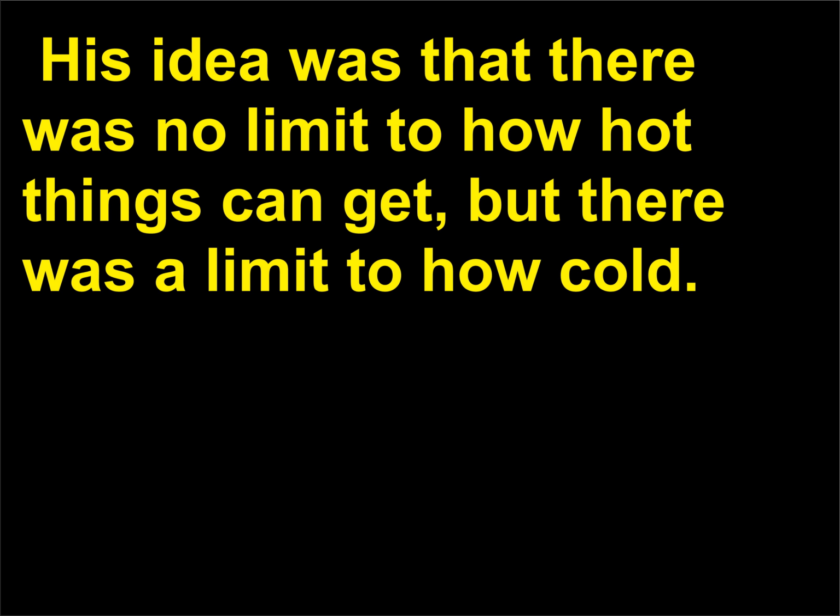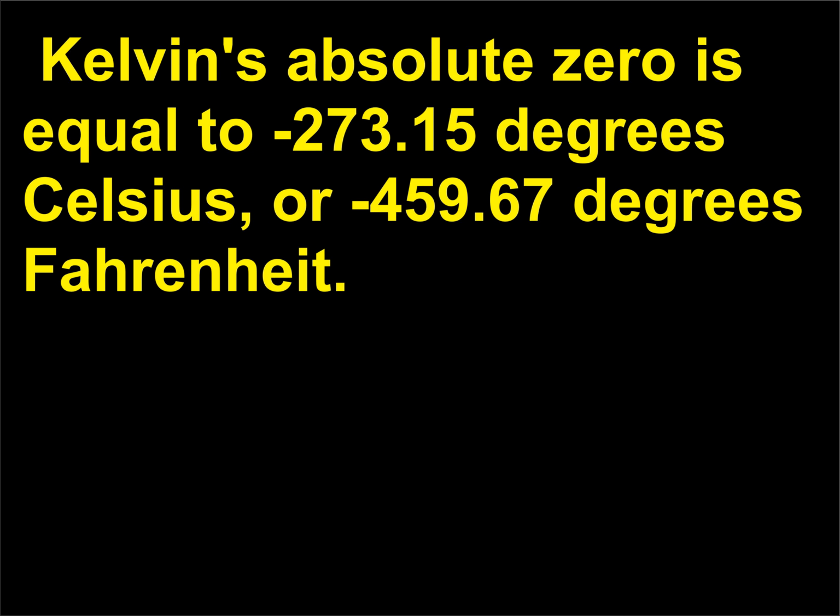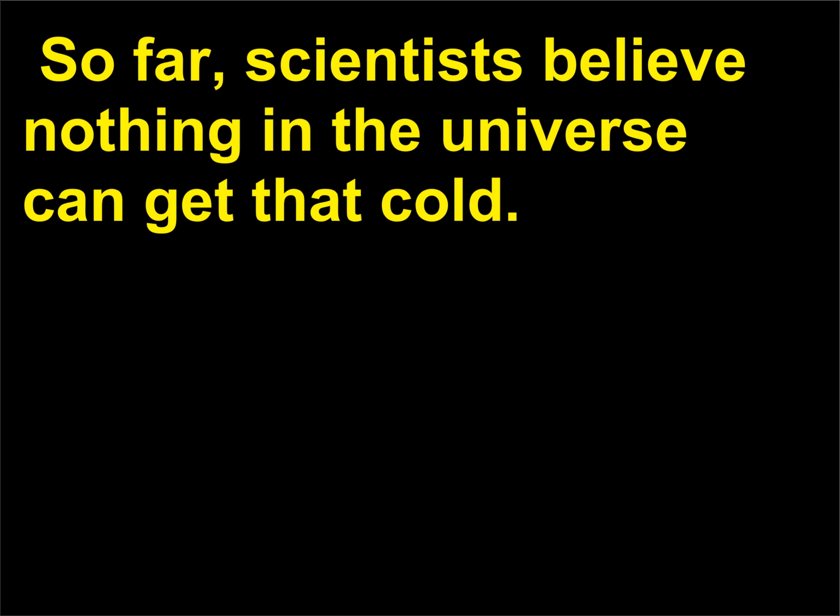His idea was that there was no limit to how hot things can get, but there was a limit to how cold. Kelvin's absolute zero is equal to minus 273.15 degrees Celsius, or minus 459.67 degrees Fahrenheit. So far, scientists believe nothing in the universe can get that cold.